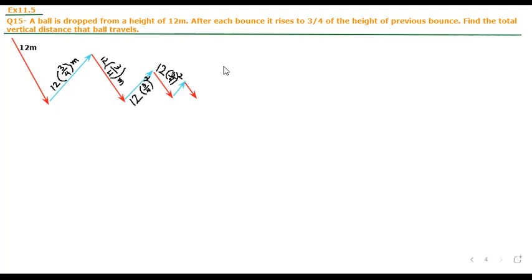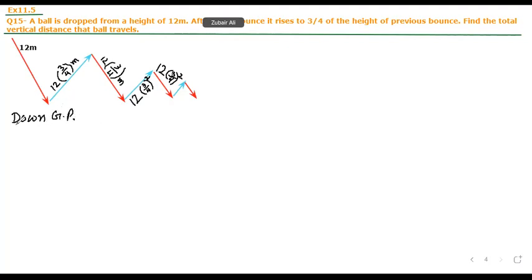So I am separating these two GPs into up and down. I think I should go with down first. So this is for down.